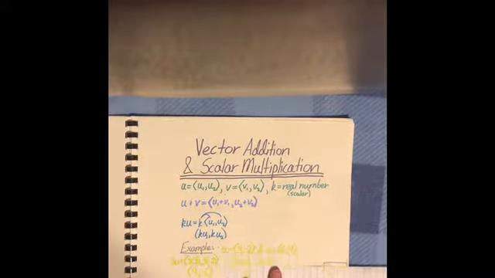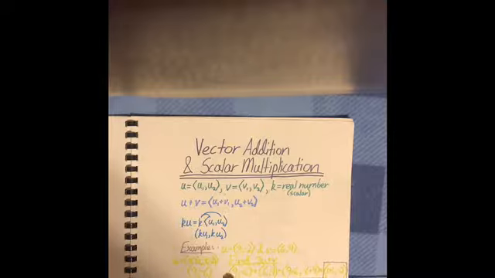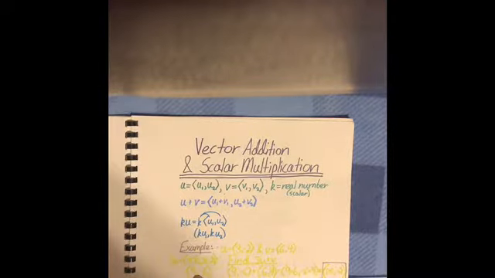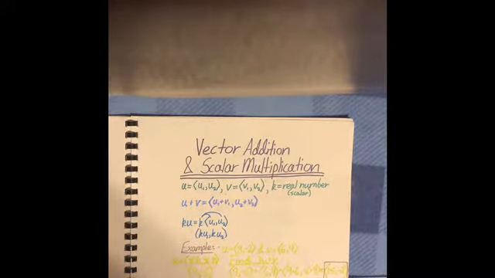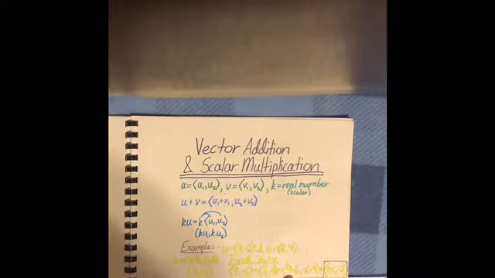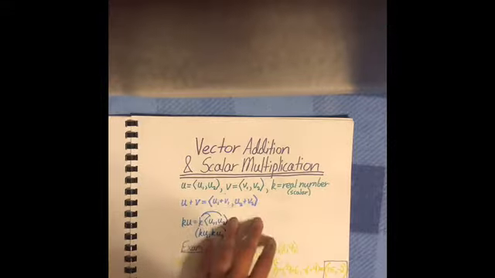So now when you go over here and plug it in, it's just going to be that point that you just found plus the vector V. And so then you're going to have 9 plus 6, -6 plus 4. So then your final answer is 15, -2.